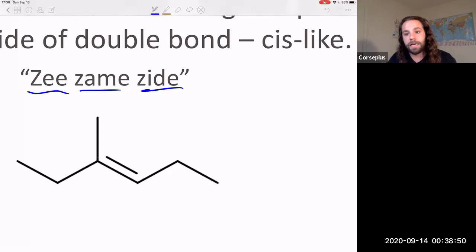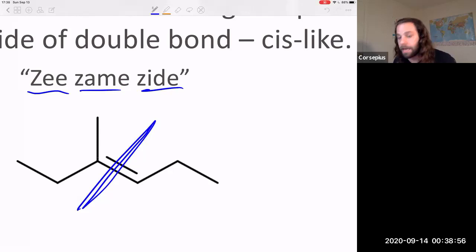So how do we assign EZ designation? What you're going to do is chop your double bond in half, and then look on one side and assign high and low. Which one has the higher priority? We're missing this hydrogen that's implied. This is a carbon, and carbon has a higher atomic number, so this is my high priority group. This one's my low priority group.